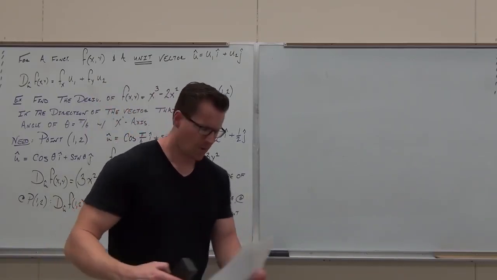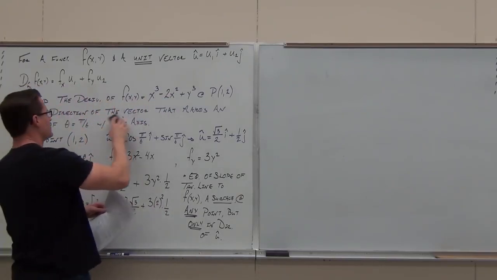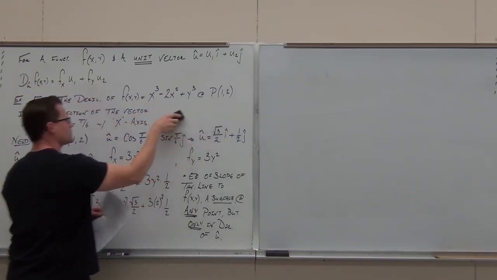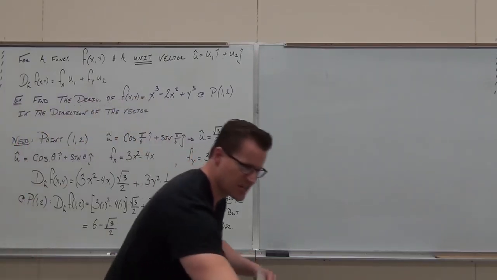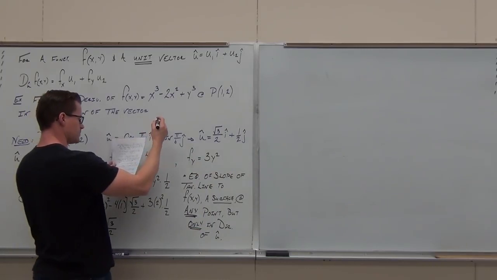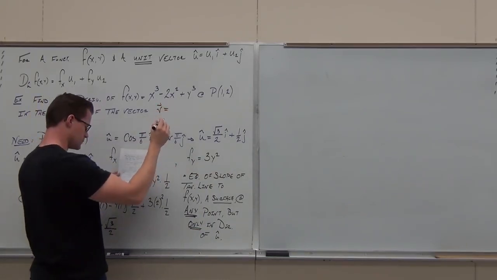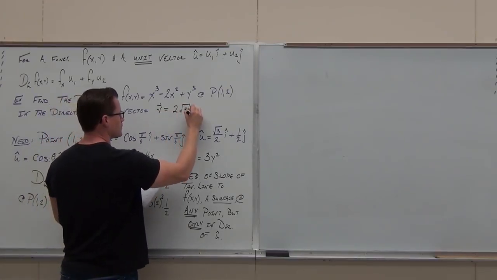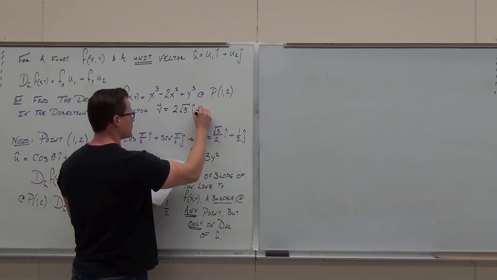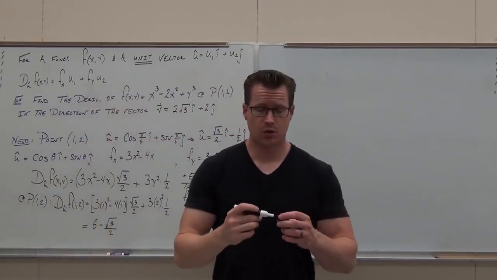But I tell you, I want the derivative of this at a point in the direction of the vector, and I want you to see how the problem changes. That. Now let's go through it.